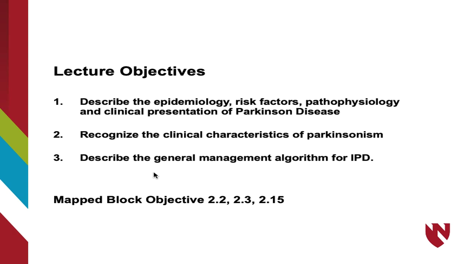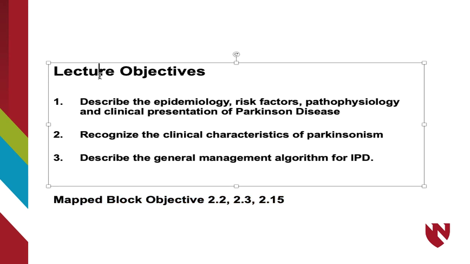So there are overarching objectives for the whole neurosciences block, which we have mapped these objectives to. Somebody has sat down and written objectives for the neurosciences block, which is the director for the neurosciences block, and he sent me those objectives and asked me to create my lecture around, or map to, those block objectives. So block objectives 2.2, 2.3, 2.15 are being covered by my lecture objectives.